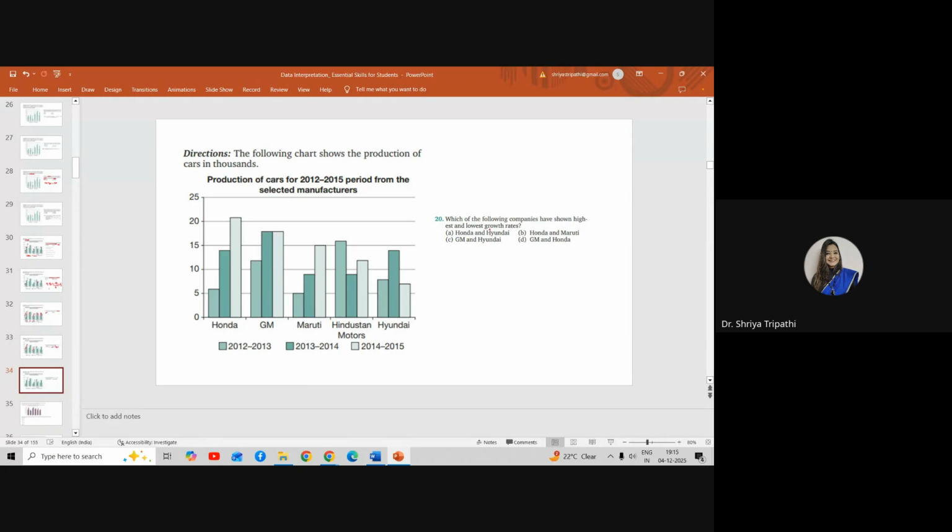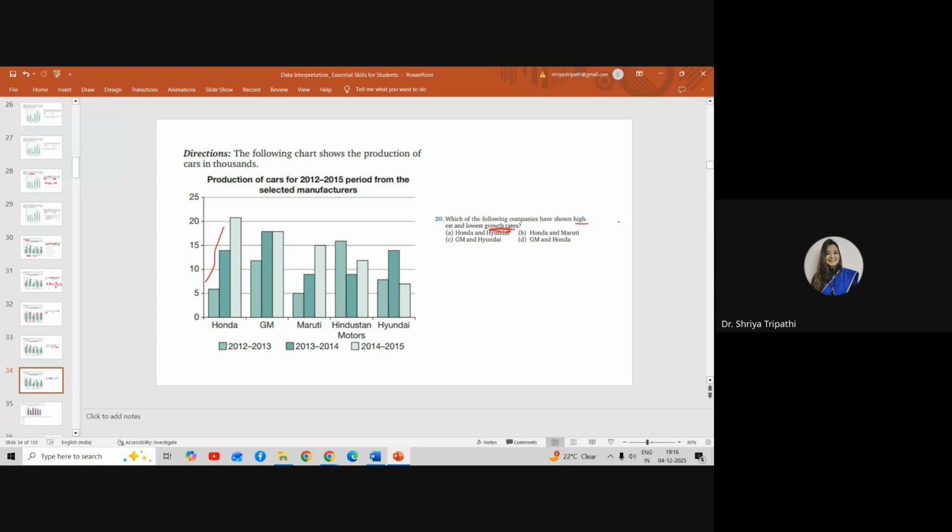We are talking about growth rates. Growth is happening in both cases, be it highest or lowest. We are focusing on growth rates. The highest is in which? Honda. Honda is highest.